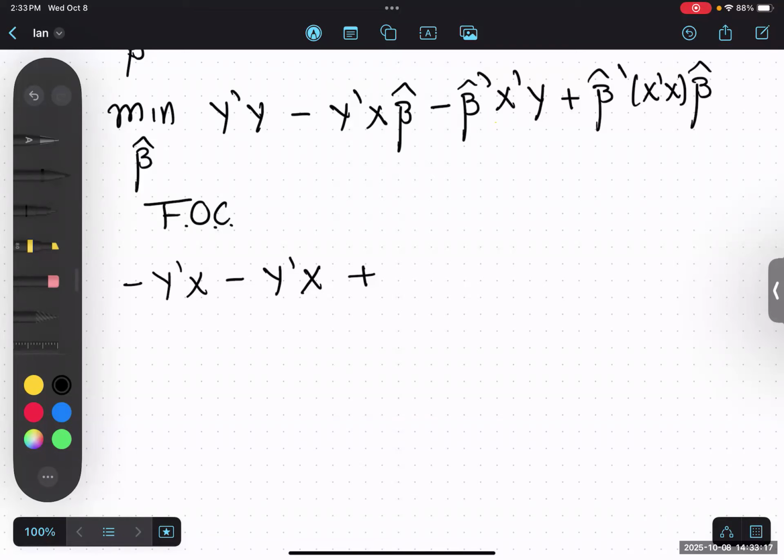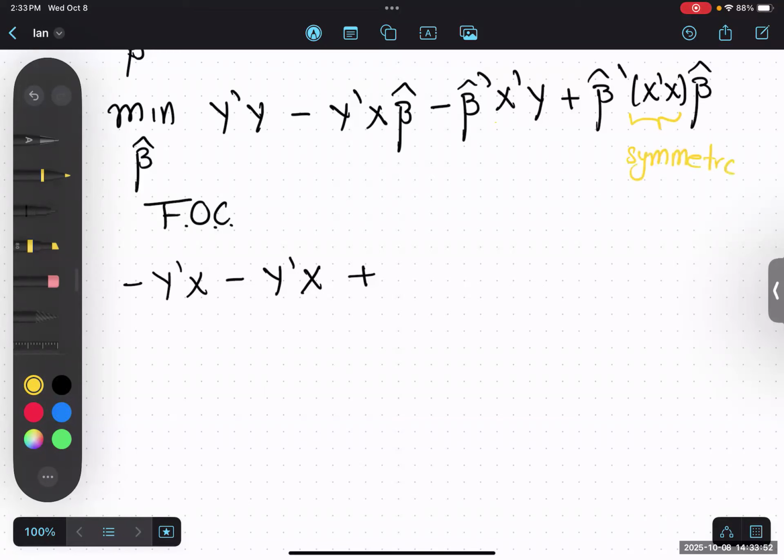The derivative of this product of matrices is, in fact, basically the same as the derivative of x squared with regular calculus. And that's because this matrix x transpose x is symmetric.